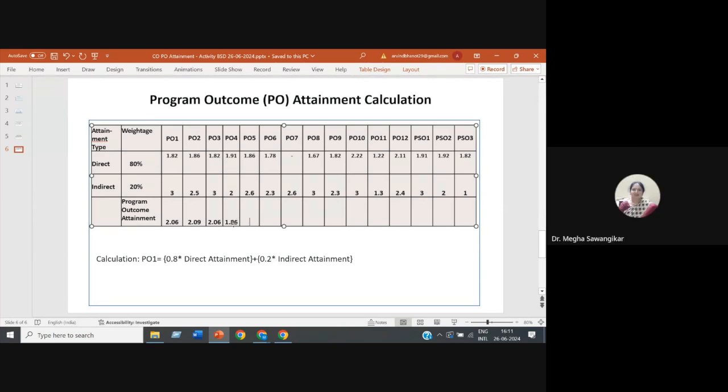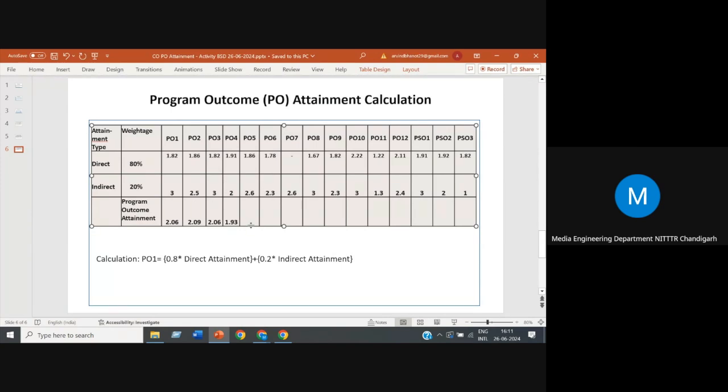It should be 1.928, so 1.93. Yes, actually it should be in between 1.9 and 2. So next is 2. Please check PO4 and you can check other participants who are doing calculations.